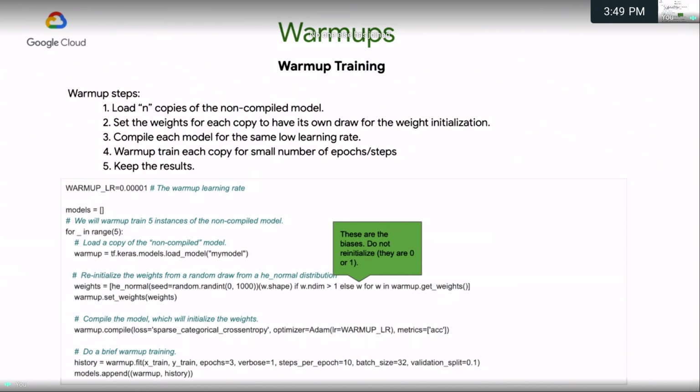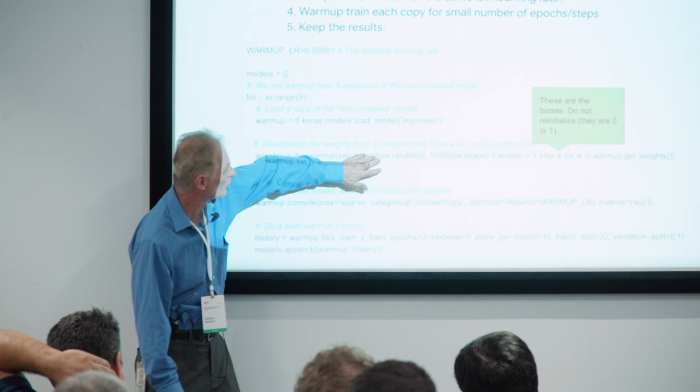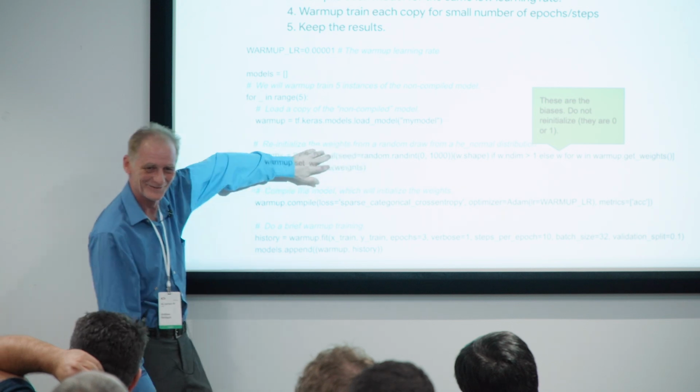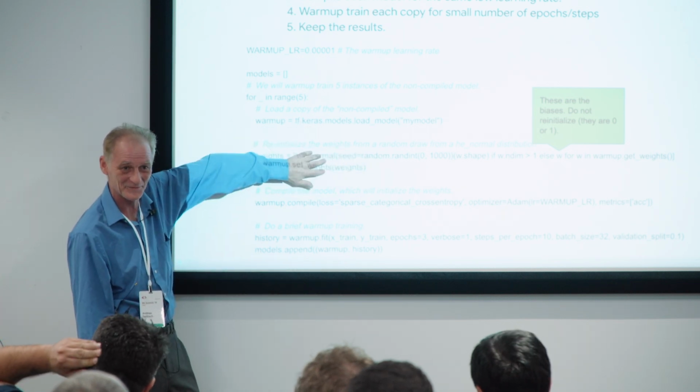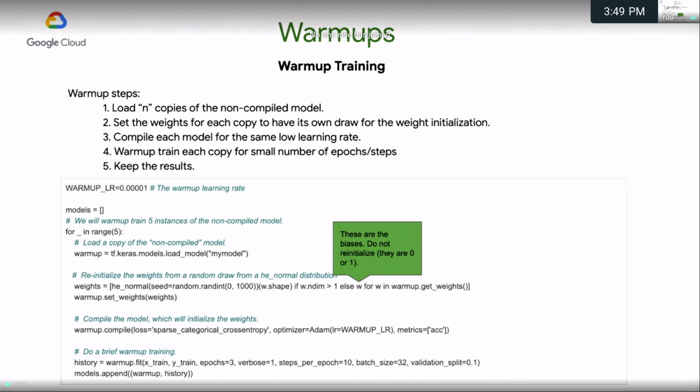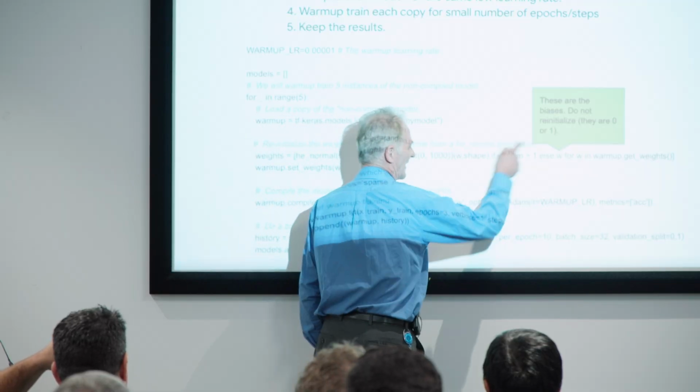But I want to change them, so I know this model used a He normal distribution, so I'm just going to get a random draw from that He normal distribution that's different than a previous draw, and reset it. Here's the key thing. Sometimes I see people doing this in blogs or Stack Overflow, and they miss this line right here.